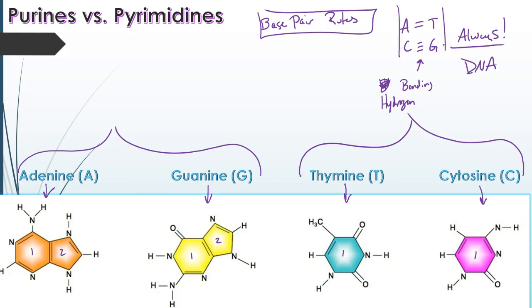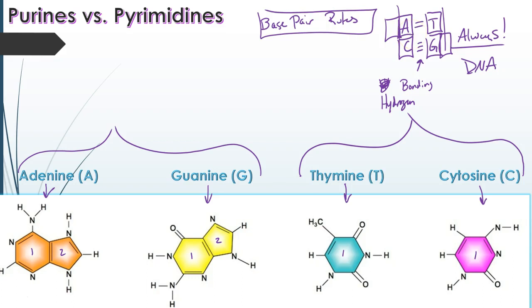Now if you notice, A and C, or I should say A and G, so this is a double ring base, this is a double ring base, this is a single ring base, and this one is a single ring base. Notice that we always pair a double ring with a single ring in both cases.